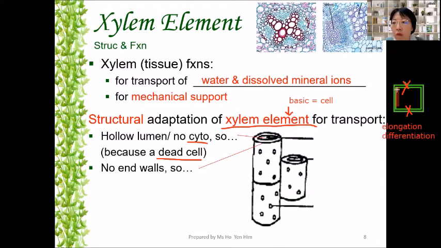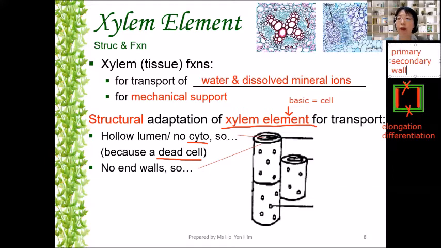So an additional wall will be formed here. Can you see or not? The red wall is the so-called secondary wall. The green wall is called the primary wall. Remember, you have learned that the cell wall is made of primary wall and secondary wall.